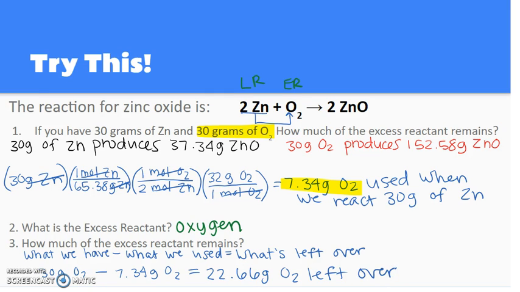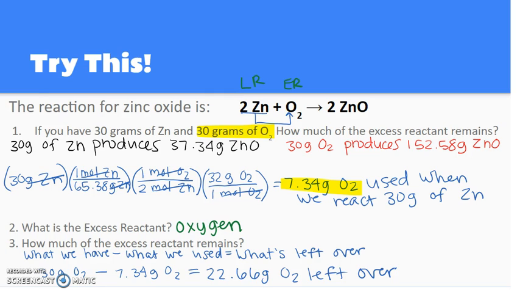Basically, putting it all back in relationship to that s'mores problem we've been talking about, if you have 100 marshmallows and you have 10 graham crackers, in our equation remember we used 2 marshmallows per s'more. So if we use all 10 graham crackers to make s'mores, we need 20 marshmallows.